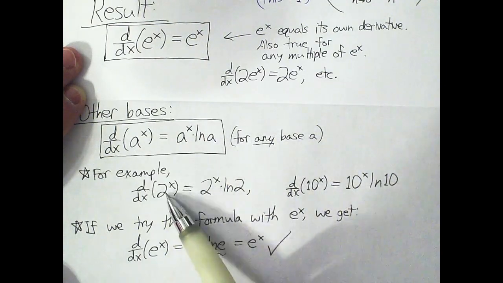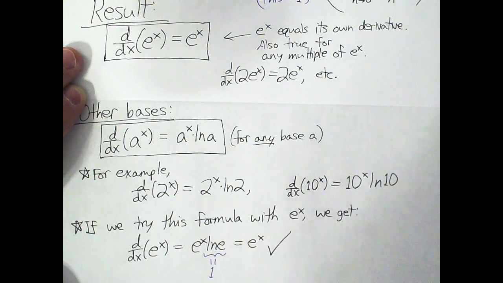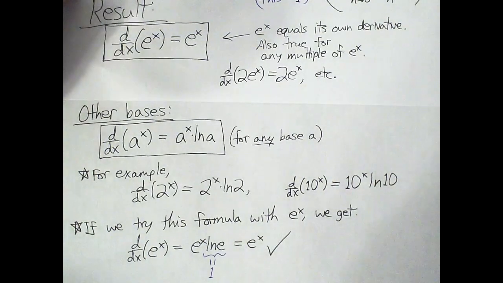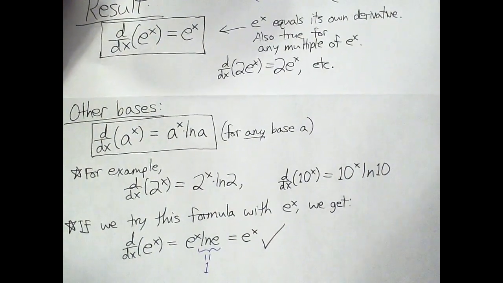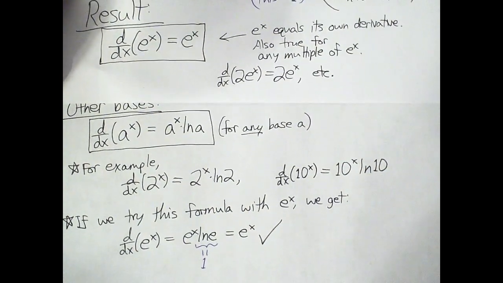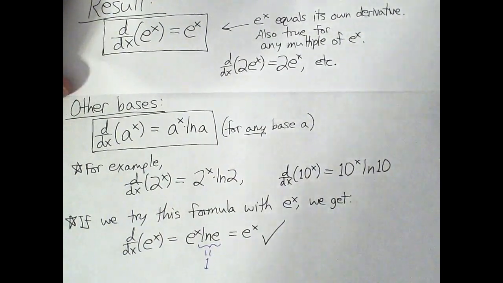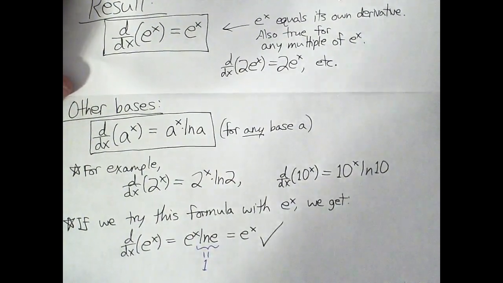It could work for base 2, it could work for base 10, it could work for 1/2. It works for e. It just adds an extra little step, but it does still work. That's all I wanted to show you. In math, our rules should be consistent with each other, and when we come up with a new rule, we want to make sure it doesn't break anything about our older rules.